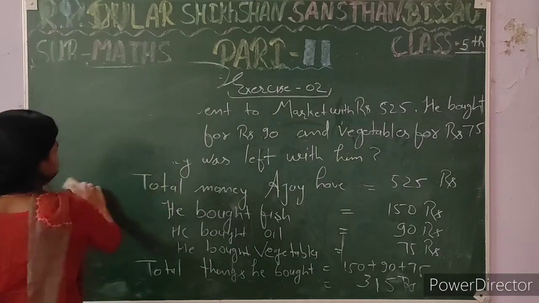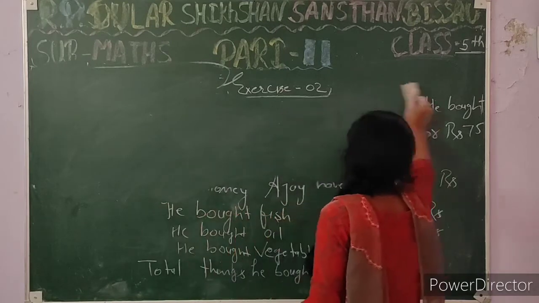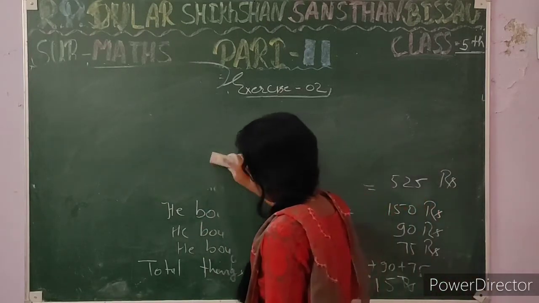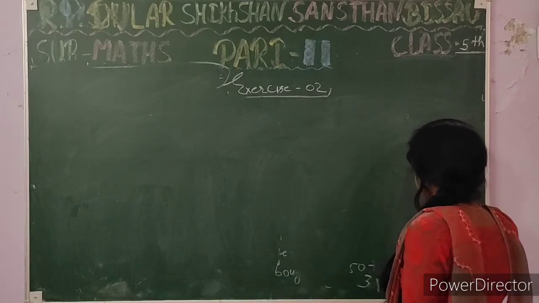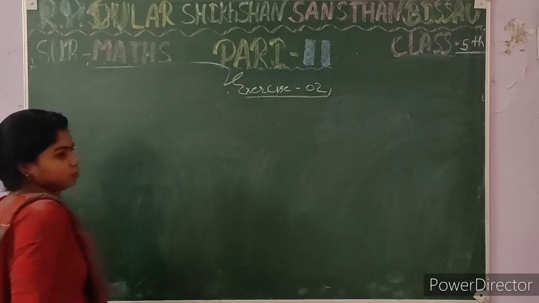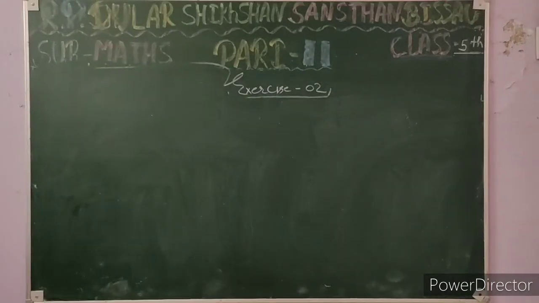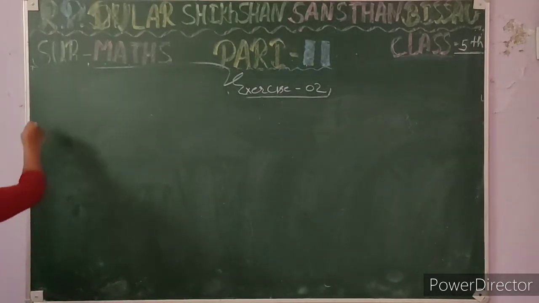Okay students, I give you homework according to these type of word problems. Students, word problems are very easy, but you read this type of word problems 2 and 3 times, then you have to recognize what we will do in this type of questions.